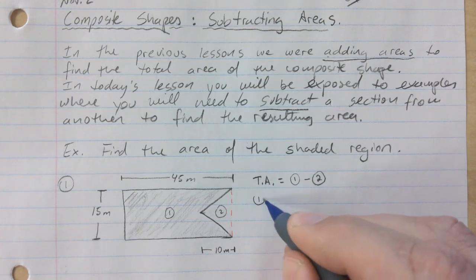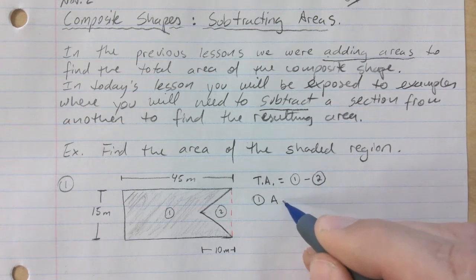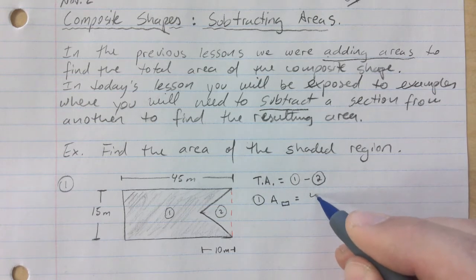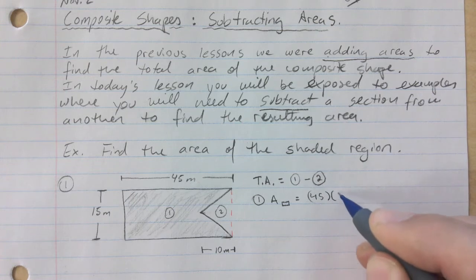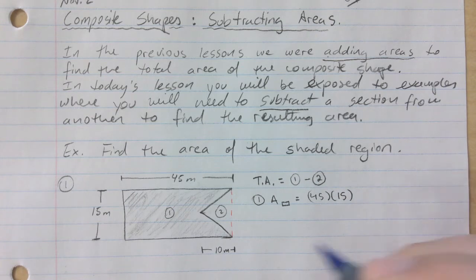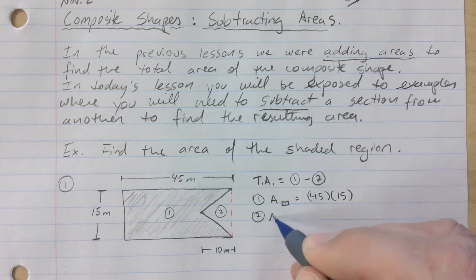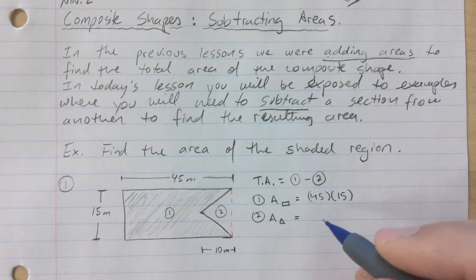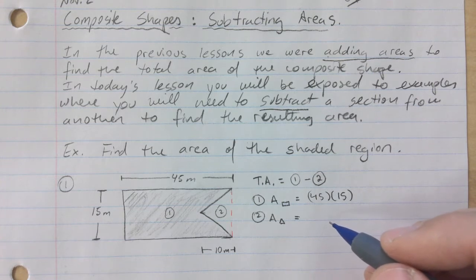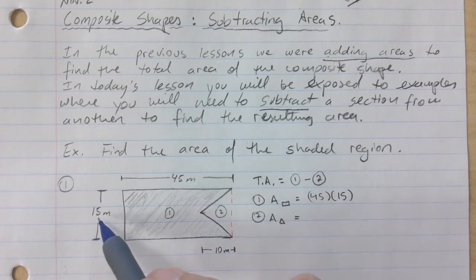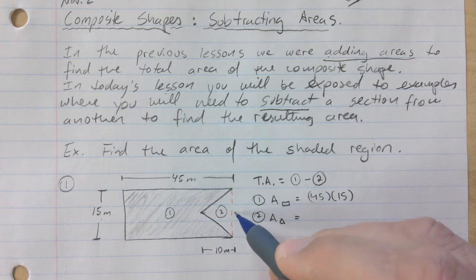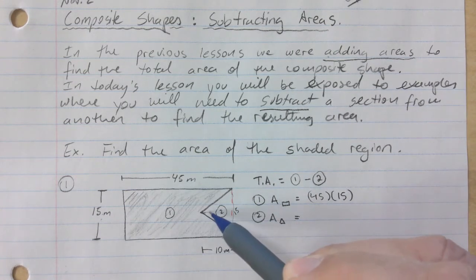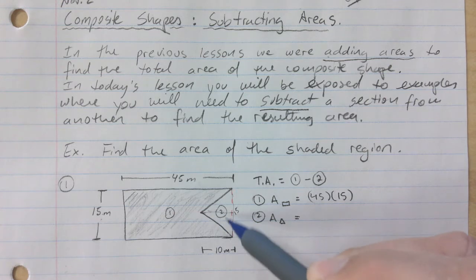Let's find the area of the first shape. Area of the rectangle would be length times width. Area of the triangle would be base times height divided by 2. You know that the base is 15. We copied it from this side, so the base is 15 and the height meets it at a 90 here, which is given to us.